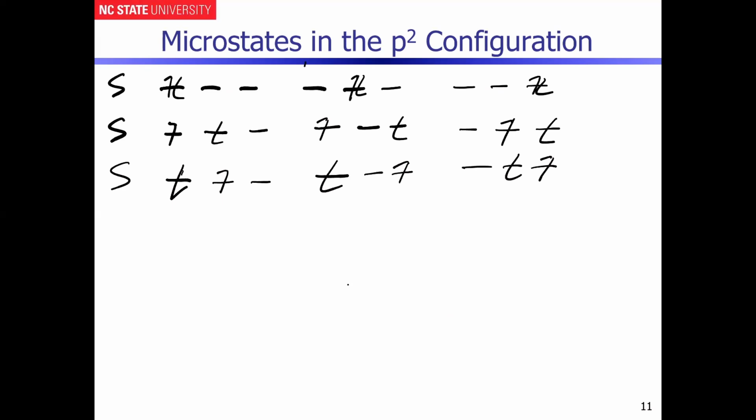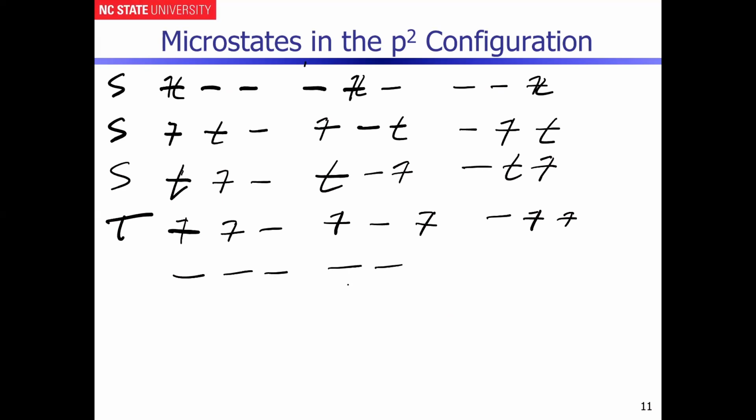So what's left? Well, now I can have everything spin up, and I can do the same treatment again of keeping these spin up in those orbitals, spin up in those orbitals, and then spin up in those orbitals. And of course, those are all triplet states. And then I can do the remaining 3 configurations, because that was 12, and these last 3 will be 15.